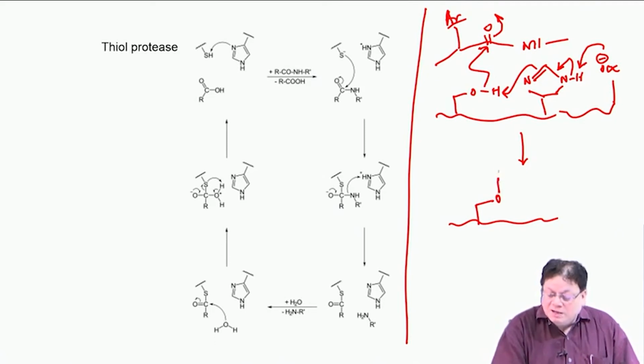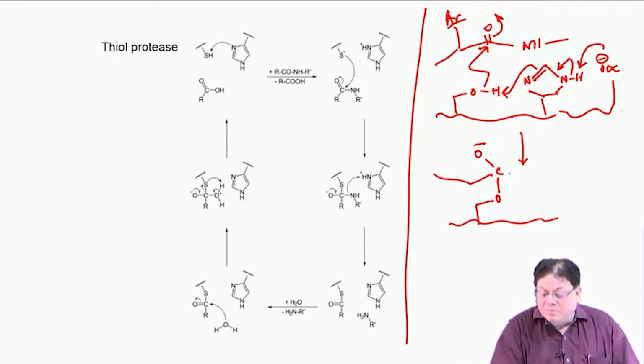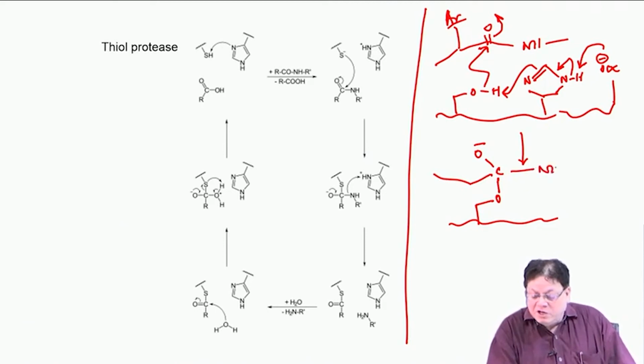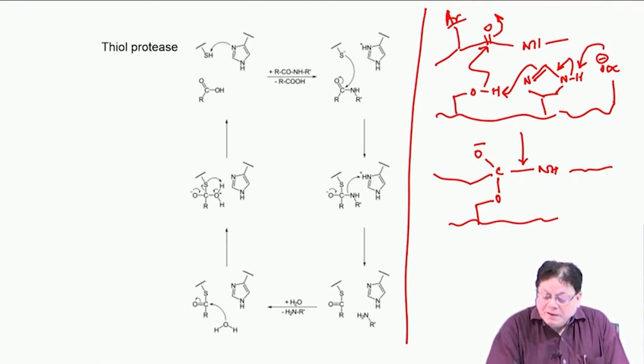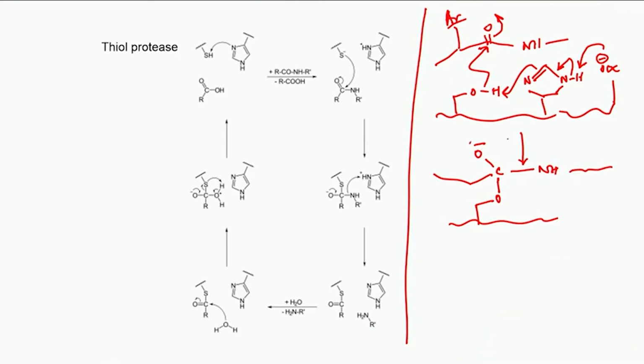So, O, then CO, then O minus, and this is attached to the left side of the peptide, and this is the NH, and this is the other side. So you are developing a negative charge in the intermediate. This is not the transition state, because this is the intermediate where the bonds have been fully formed. In the transition state, bonds are formed only partially.